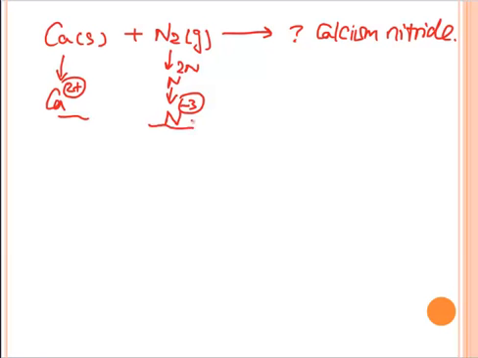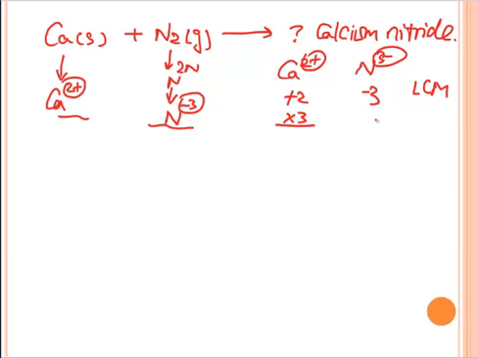To put it together into a formula unit, we'll go through the process. It's calcium 2 plus and nitride 3 minus. The charge on each ion: calcium is plus 2, nitride is minus 3. So how do you get the plus 2 and minus 3 to cancel each other out? This is something called a least common multiple problem. This one is multiplied by 3, the least common multiple will be 6, and this one I would need to multiply by 2. So this is plus 6, this is minus 6.